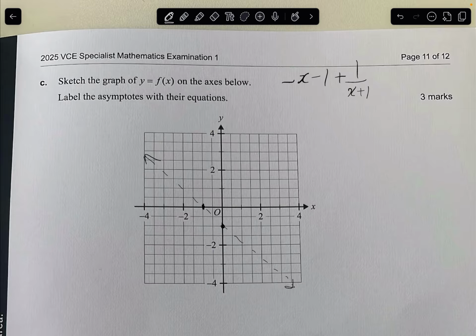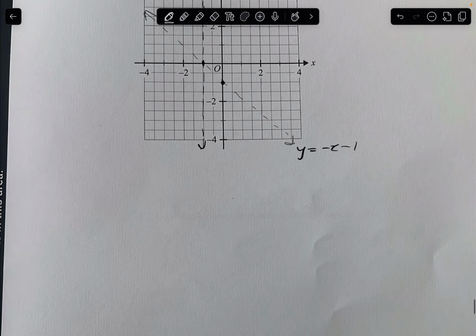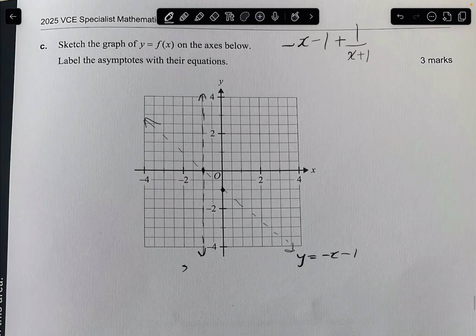And then we've got another asymptote at x equals negative 1, so label that. That's x equals negative 1.